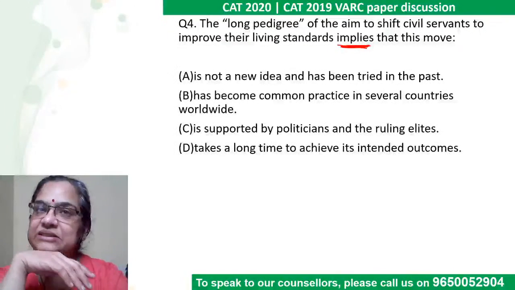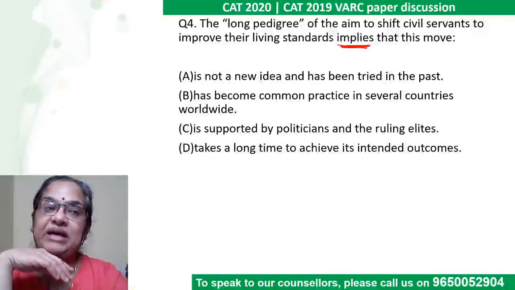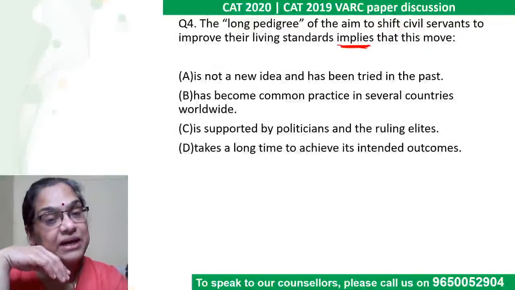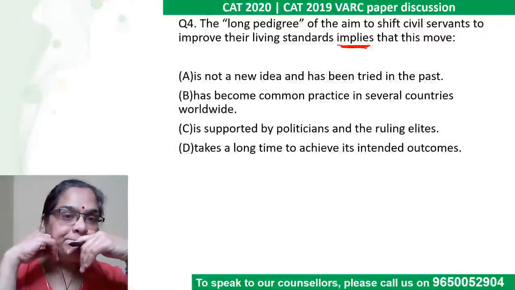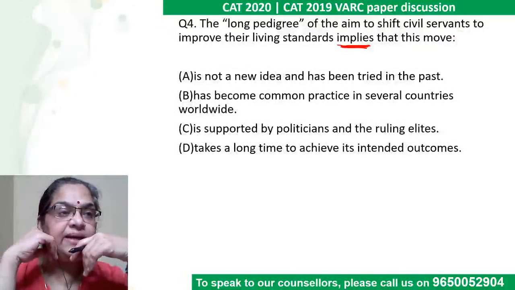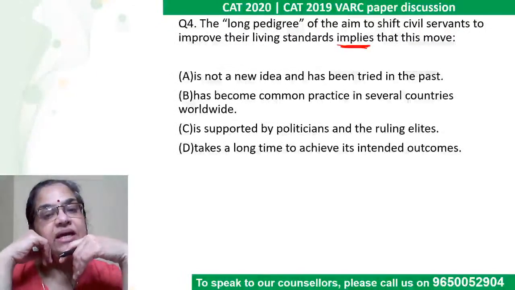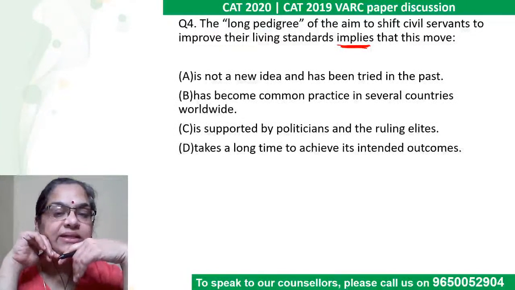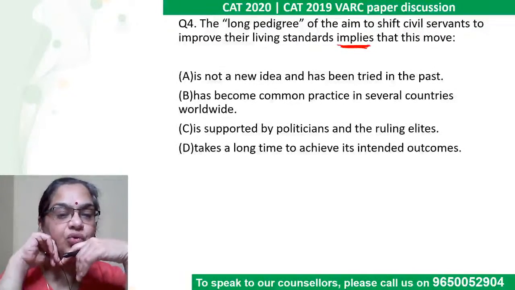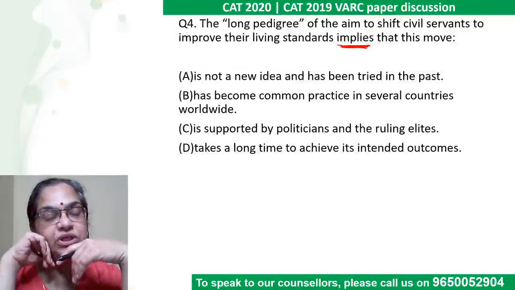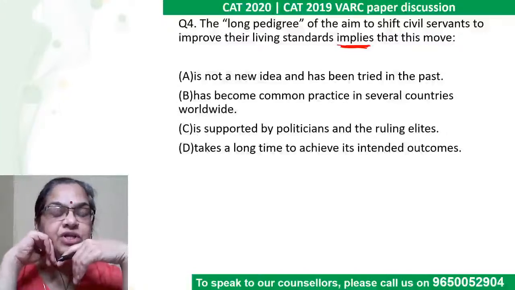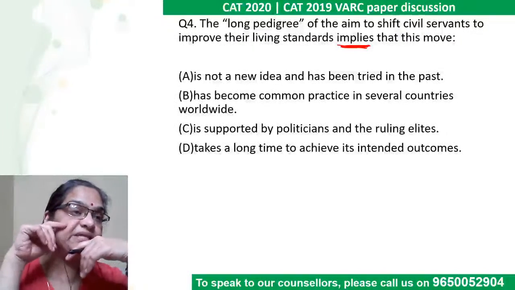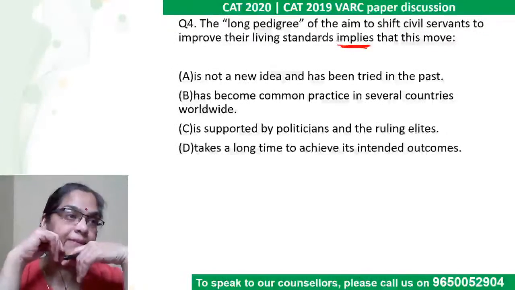What does this statement imply? It is not a new idea and has been tried in the past. It has become common practice in several countries worldwide. It is supported by politicians and the ruling elite. It takes a long time to achieve its intended outcome. Which one do you think is the correct option? Please type in your answers quickly.